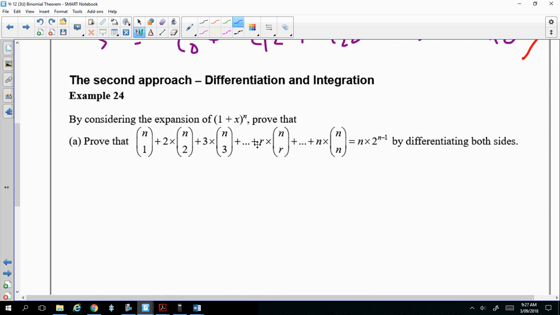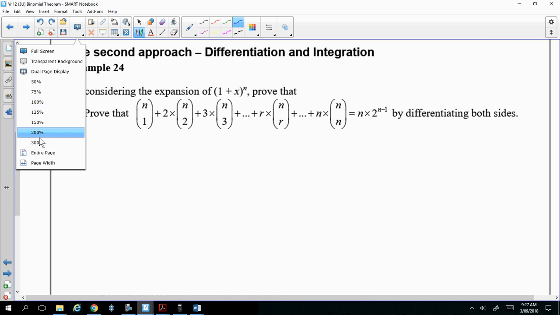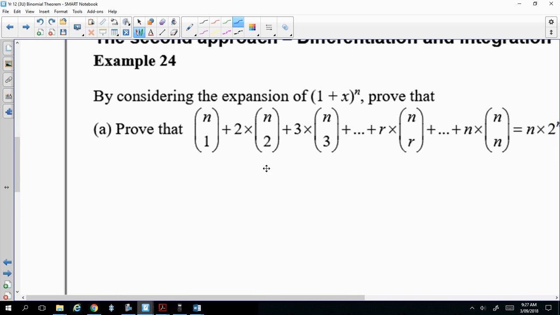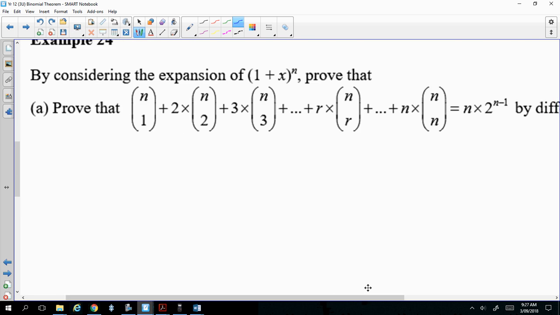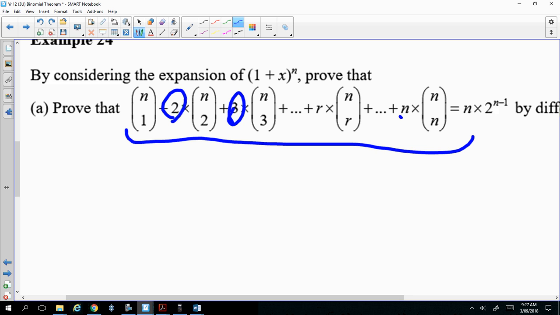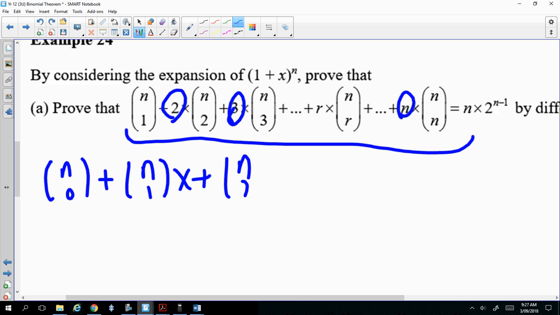What we do is, let's start with the expansion. nC0 plus nC1 x plus nC2 x squared plus ... and nCn x power of n, which equals (1 + x) power n.